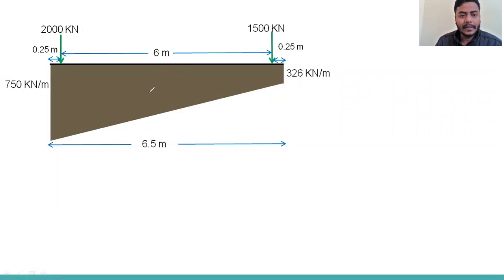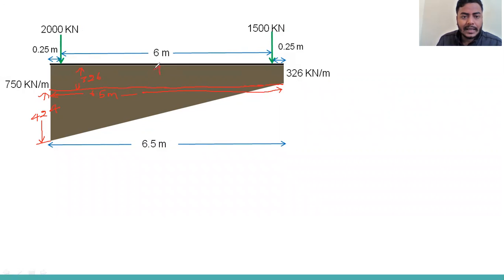To draw the shear force, let's calculate another thing also. You can see the slope, like I'm drawing the horizontal line. This will always be 326, so this will be here 4 to 4, right? This total length is 6.5 meter. So now we can calculate the slope.